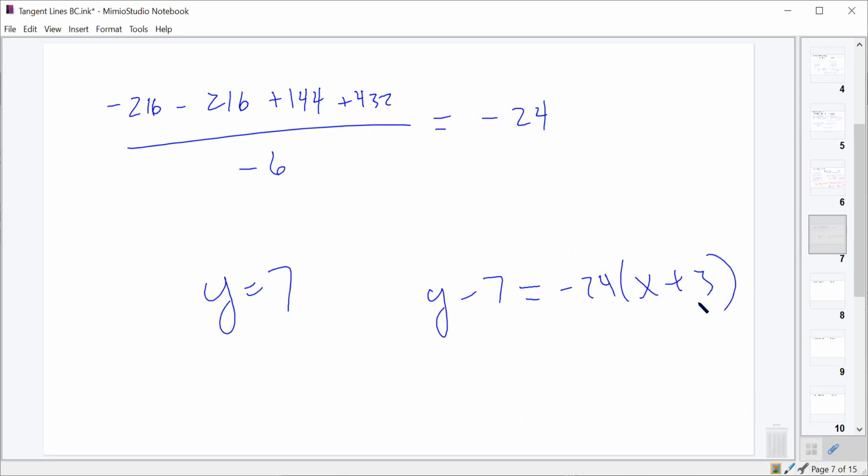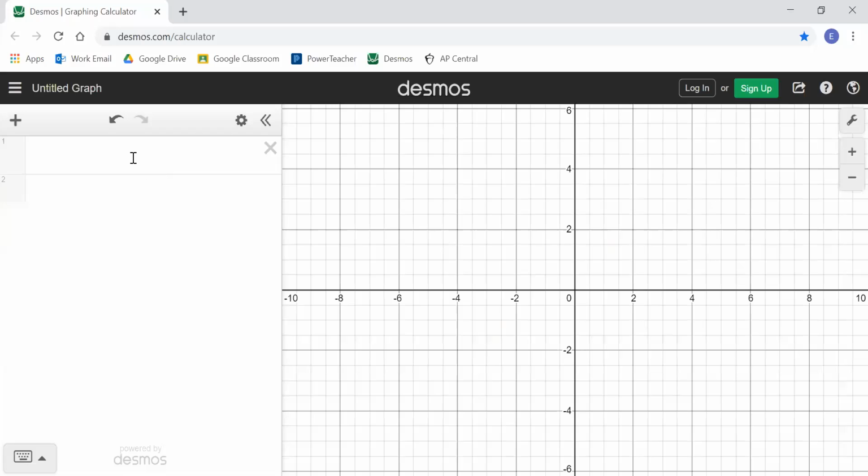And I think this will be a good one for us to take a look at in Desmos, just to make sure we didn't screw anything up. So our original function was what? t squared minus 2t, what was it, minus 11 or plus 11? Minus 11.